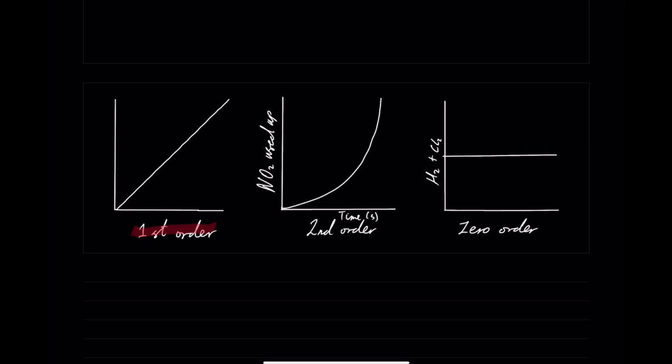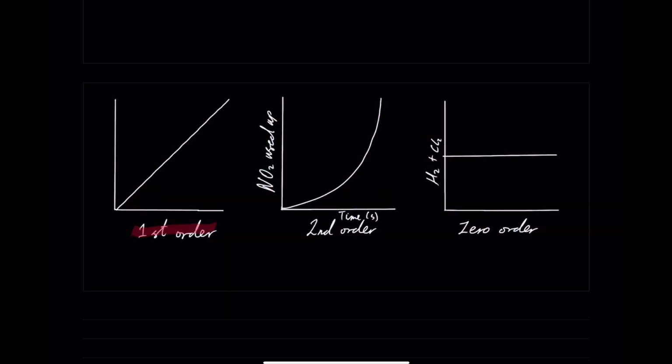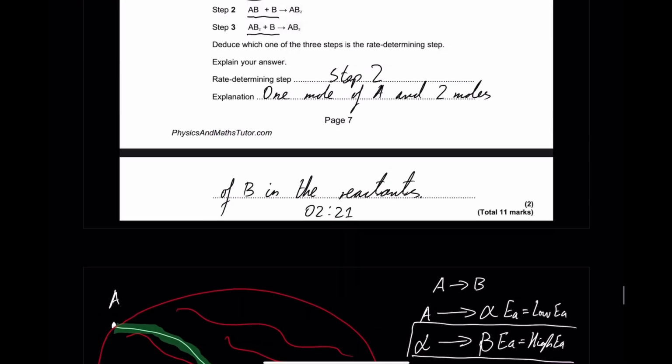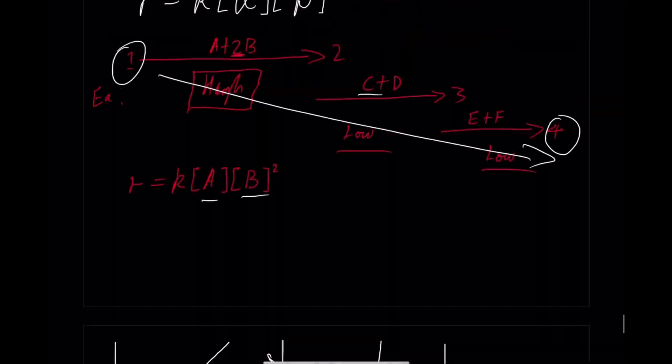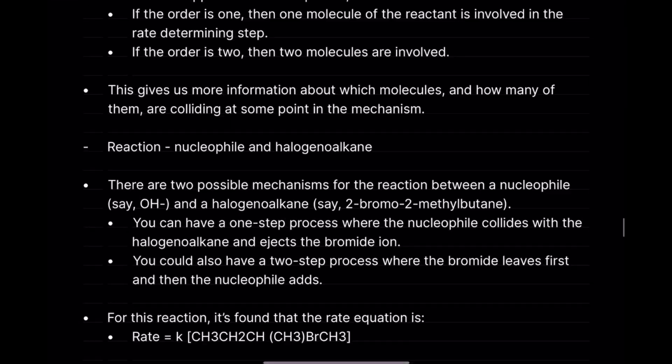The reason why it's so easy to remember this is that if you understand maths and algebra, think about how orders are represented. Remember what I taught in the previous video: orders are represented as powers.